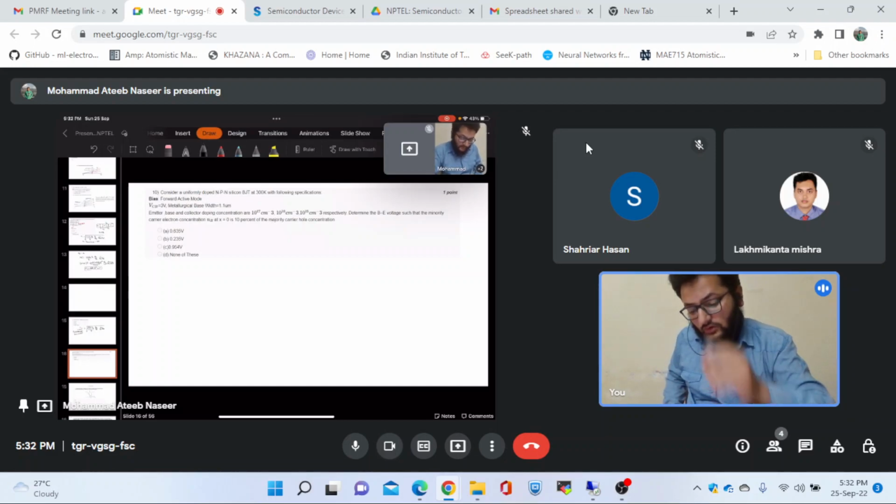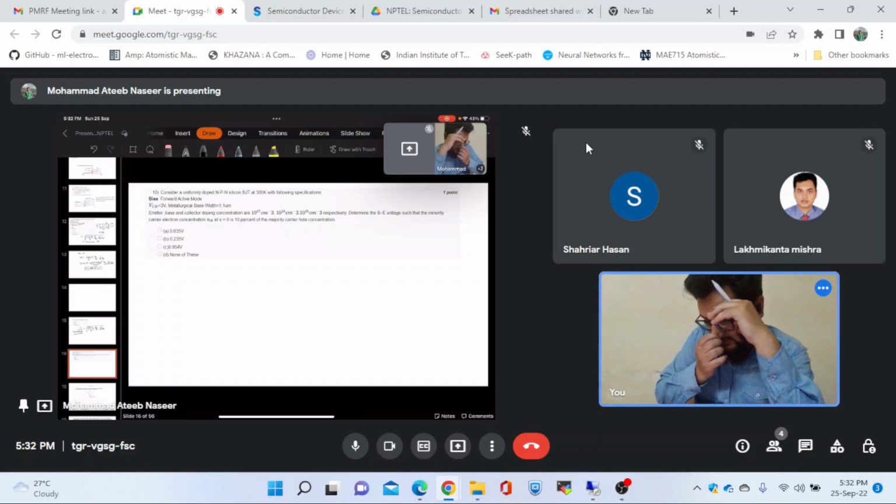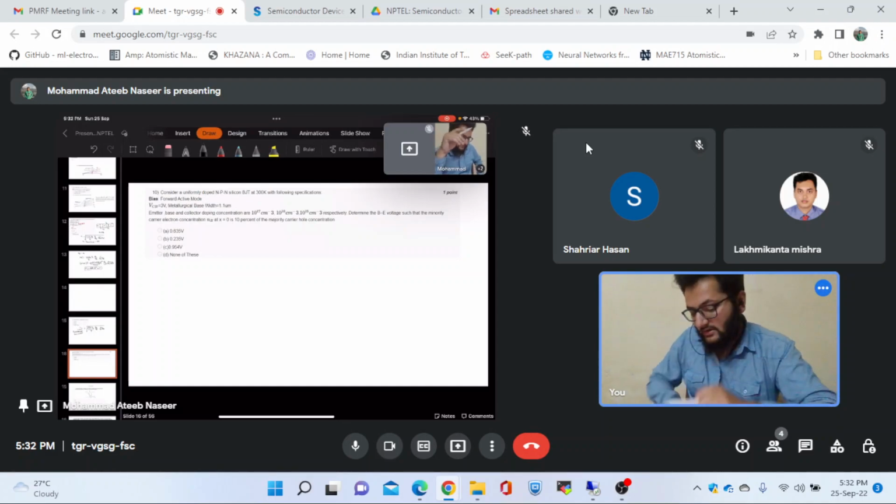Now we have been told to find the base emitter voltage such that the minority carrier concentration at x equal to 0 is 10% of the majority carrier concentration. So this x equal to 0 is that junction.